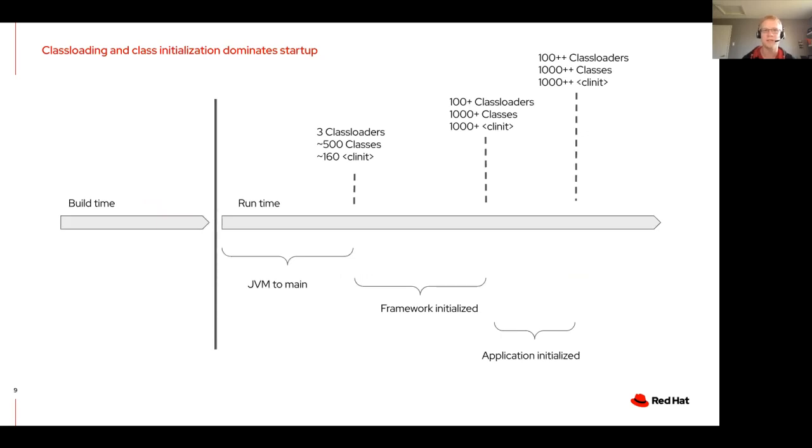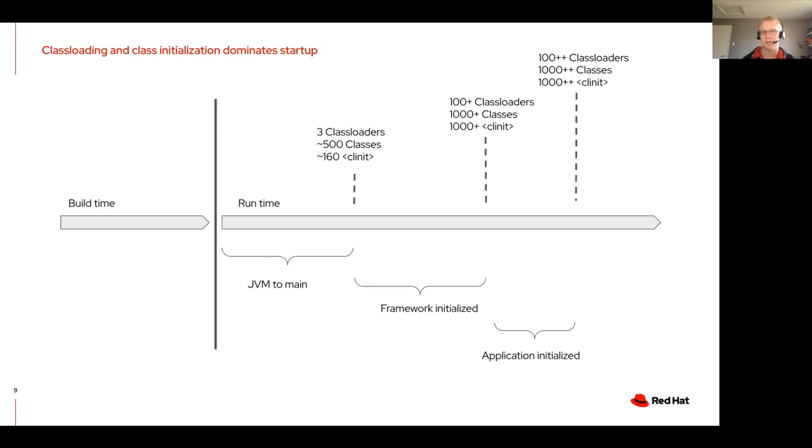So if we just look at the class loading and the class initialization part of this, we see that to get the JVM to main, we get 3 class loaders, around 500 classes, and about 160 of those have a class initializer method. Now, to get our framework initialized, for a lot of frameworks, we're talking 100 plus class loaders.